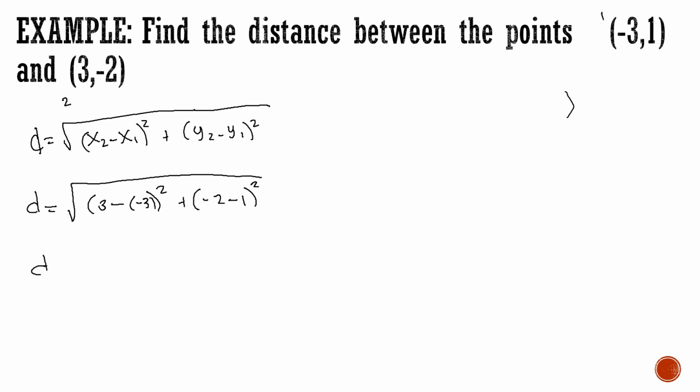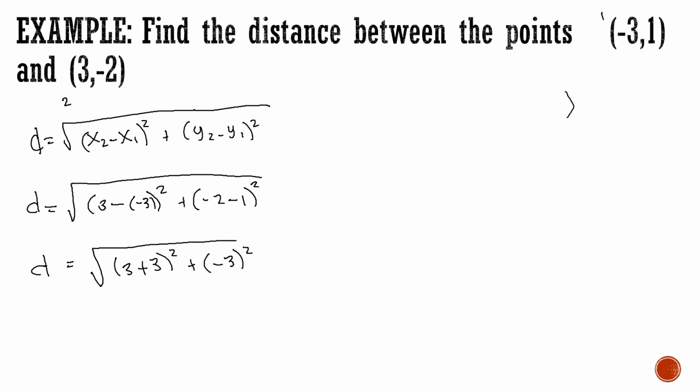Therefore, d is equal to the square root of 3, negative and negative will be plus 3 quantity squared plus this will be negative 2 minus 1 will be negative 3 quantity squared.